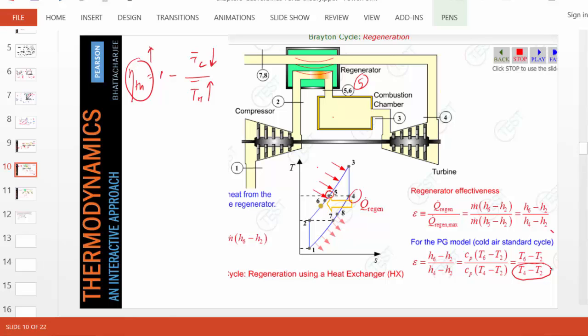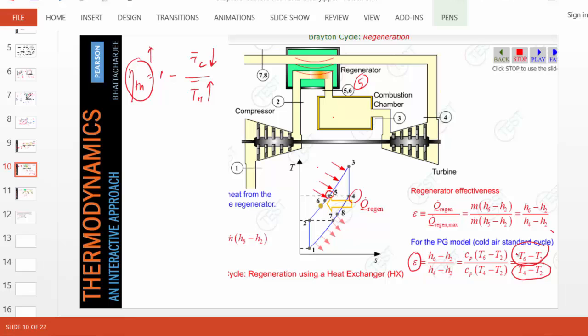And in reality, probably the regenerator is not so effective, so it raises the temperature from 2 to 6. So T6 minus T2 is the actual rise in temperature, and T4 minus T2 is the maximum that is possible, and that is known as the effectiveness of the regenerator. So if the effectiveness is given, we can calculate what would be T6.